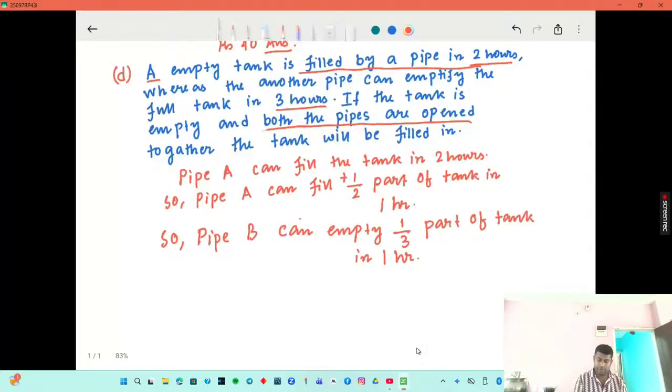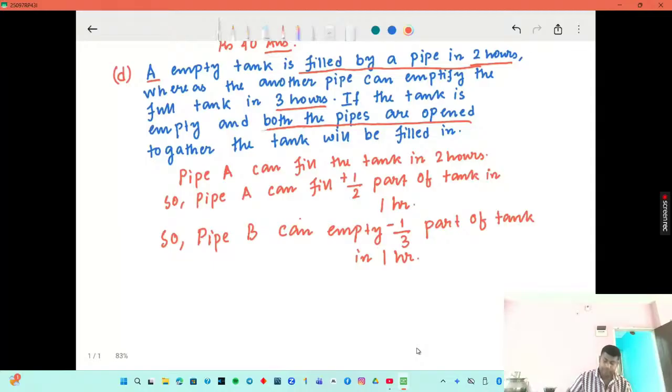So pipe B can empty minus 1/3 part of the tank in 1 hour, because pipe B is being used to decrease the value.